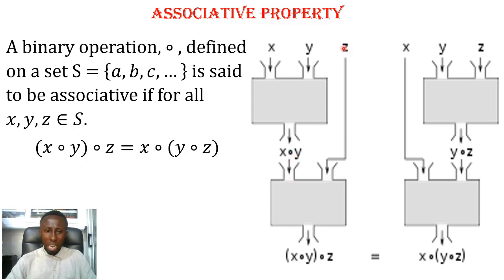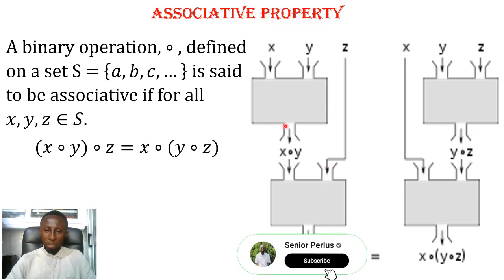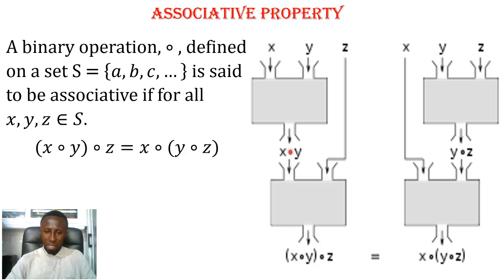Then we have another z also entering here. Since x and y have already been mixed, after solving x operation y, now z is also entering. So we can solve them together, and that's why we have (x operation y) operation z.